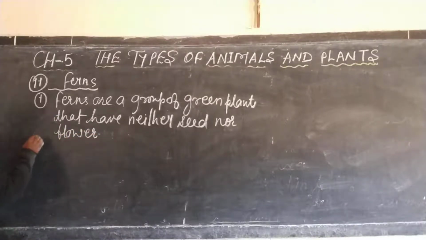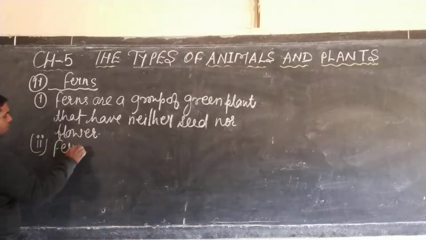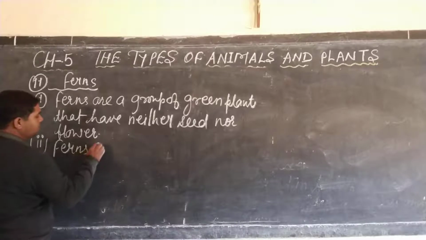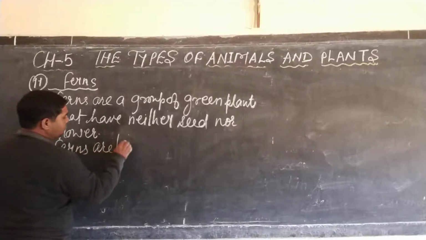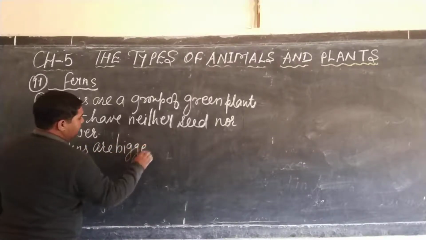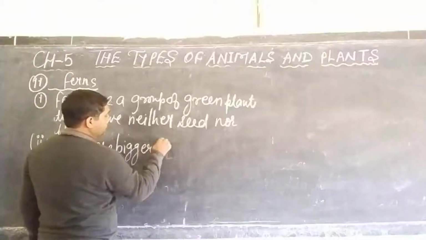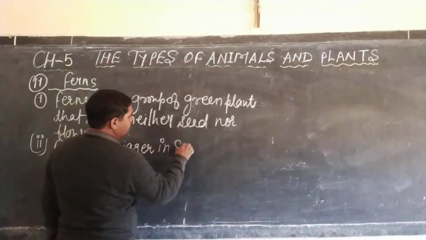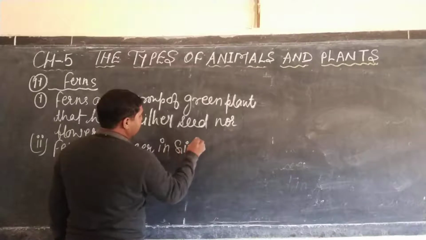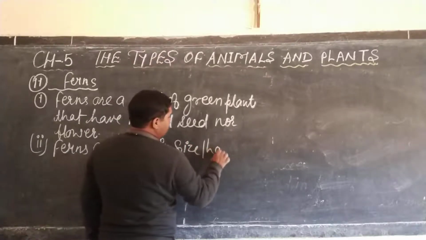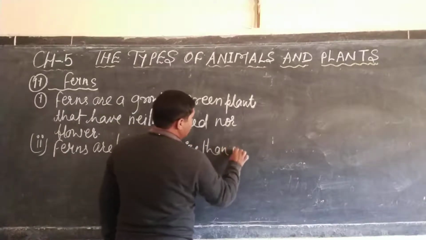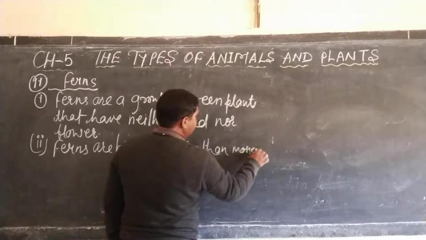Second, ferns are bigger in size than mosses.